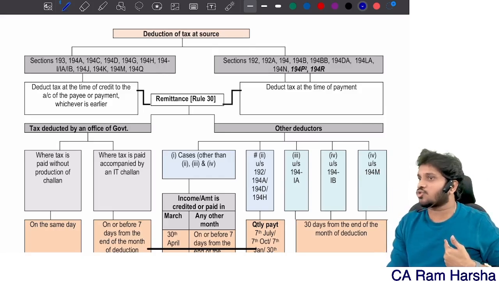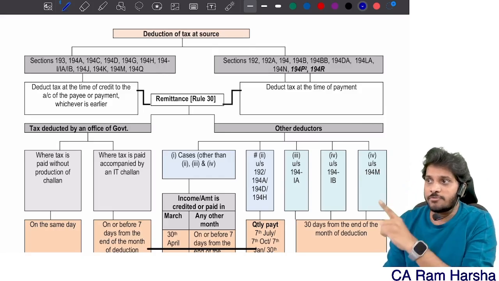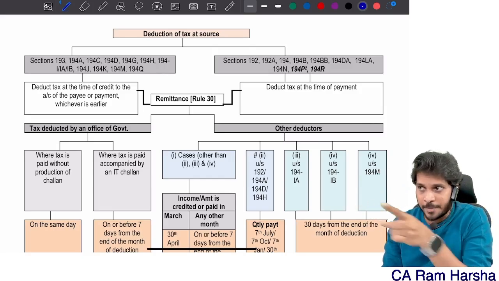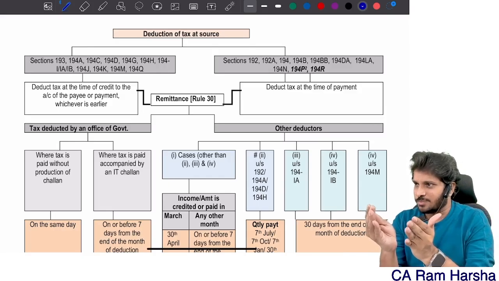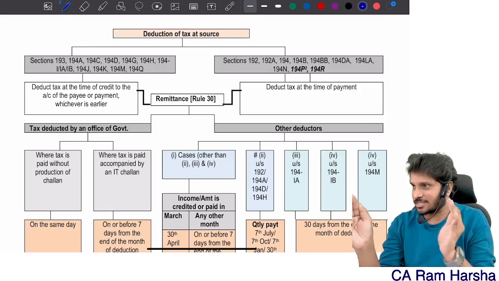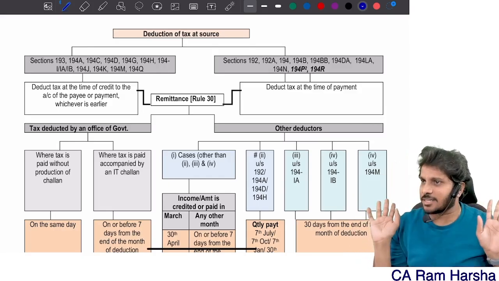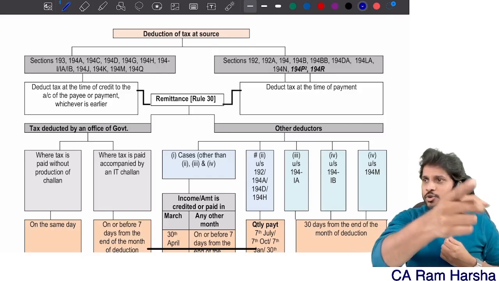So the payer, when paying, has to deduct some amount towards tax, and pay the balance to the payee.